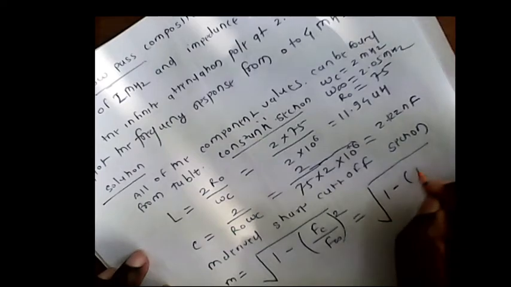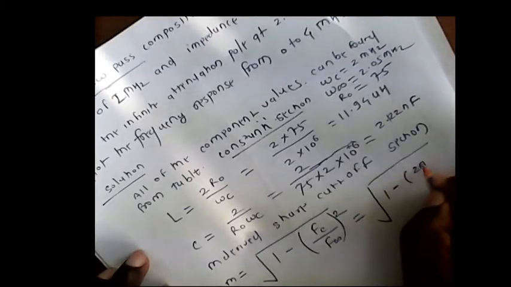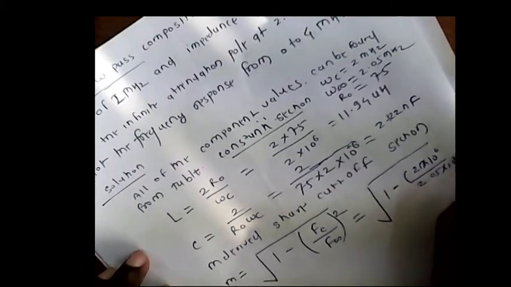So we put the values: 1 minus 2 into 10 raised to power 6 divided by 2.05 into 10 raised to power 6.